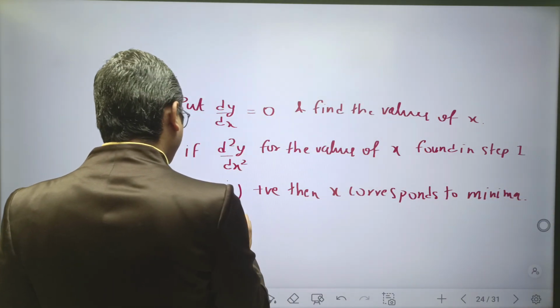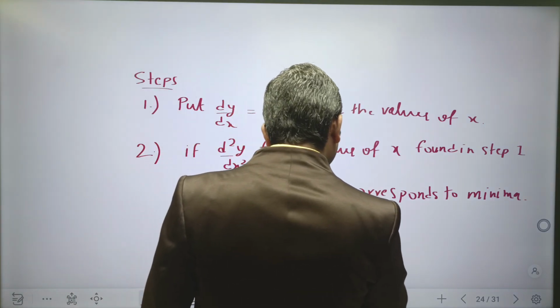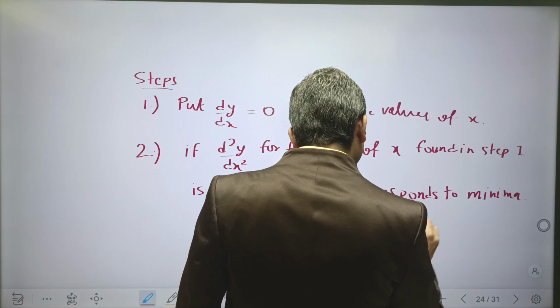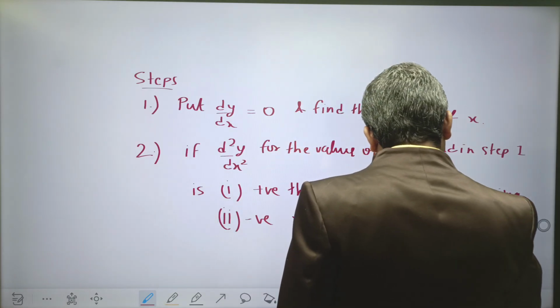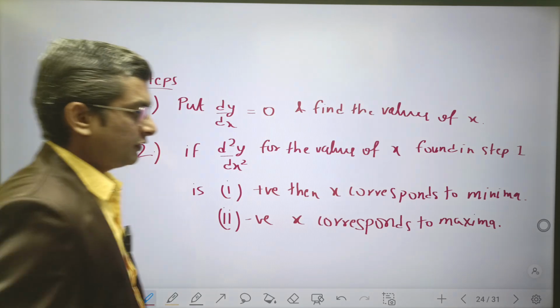And if it is negative, then x corresponds to a maximum. Isn't it? So these are the rules, steps you have to keep in mind.